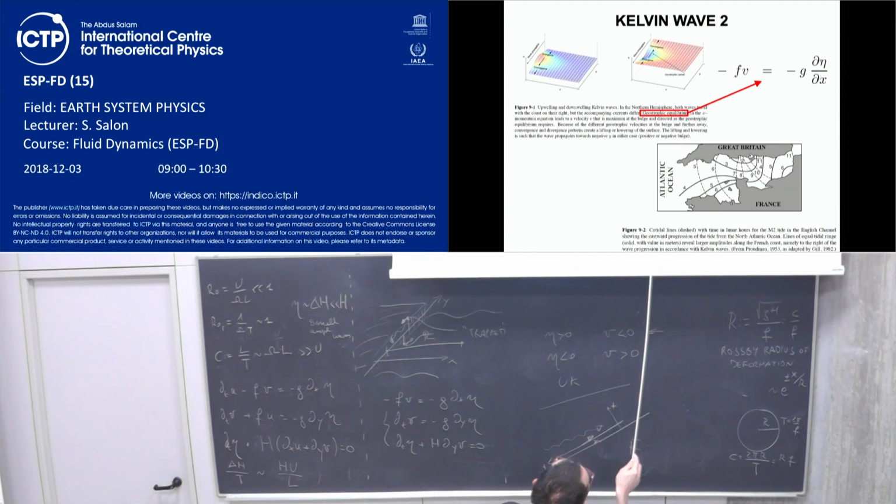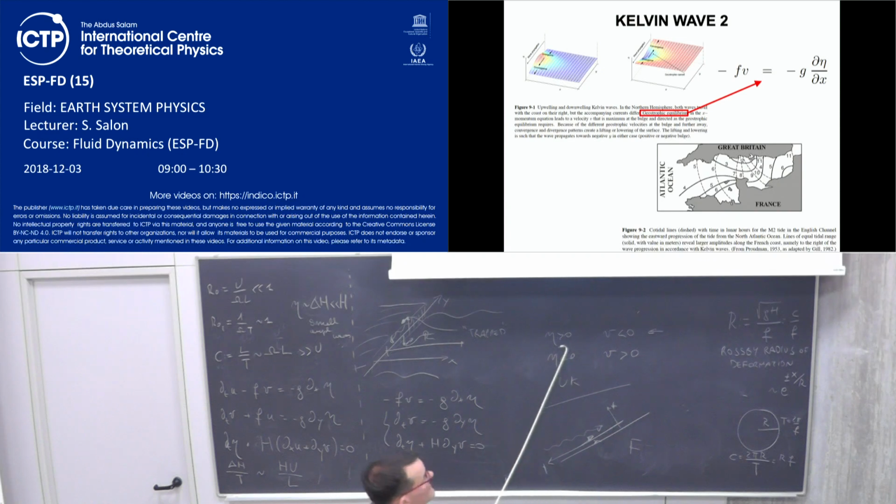So here, the dashed lines are the times, after 5 hours, 6 hours, 7, 8, 9, 10, and so on.